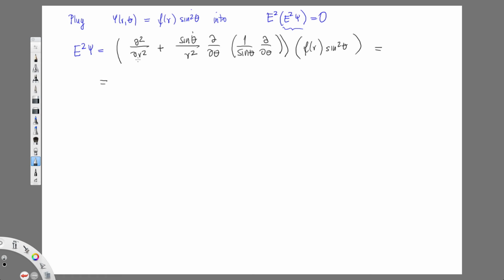So partial square partial r square of this function is simply f double prime of r times sine square theta, right? So I have f double prime of r sine square theta. So that is applying this term on this. I get this.